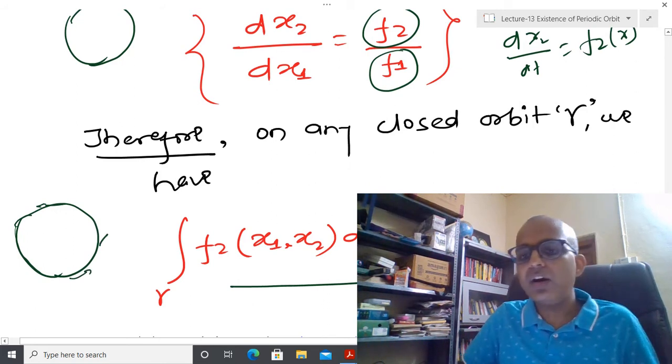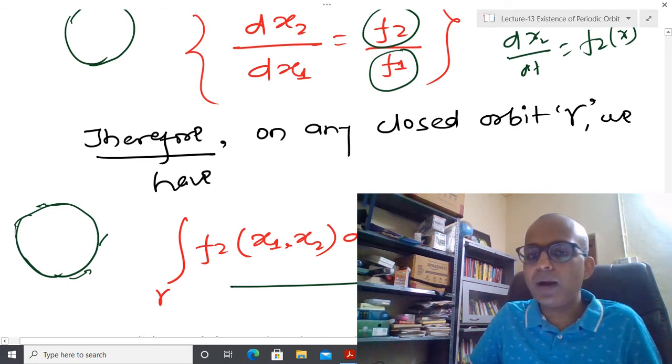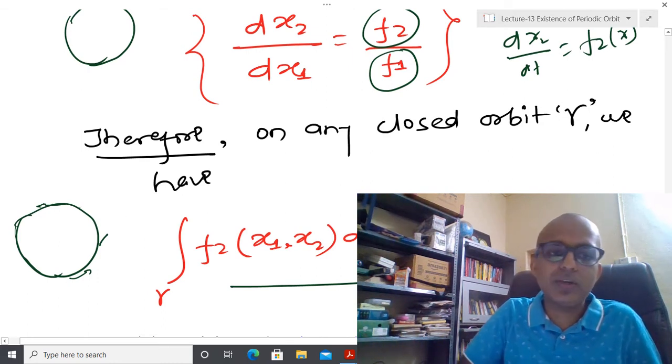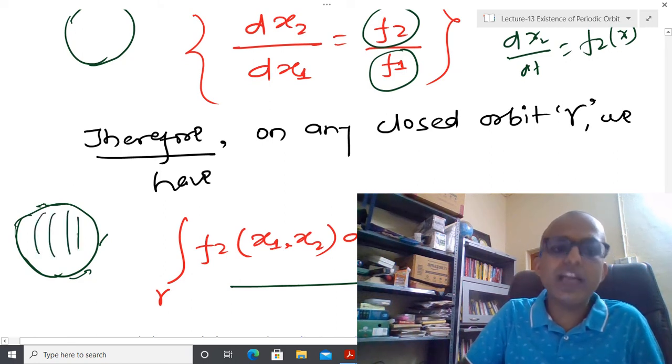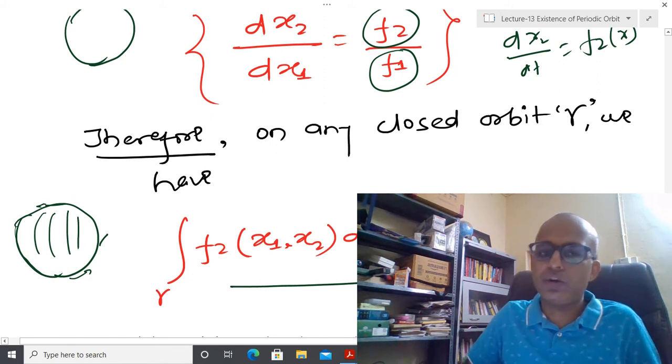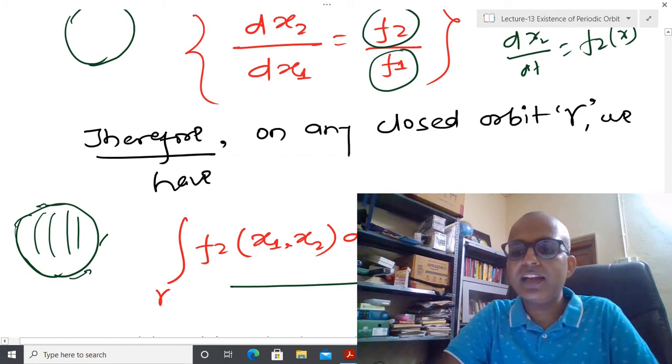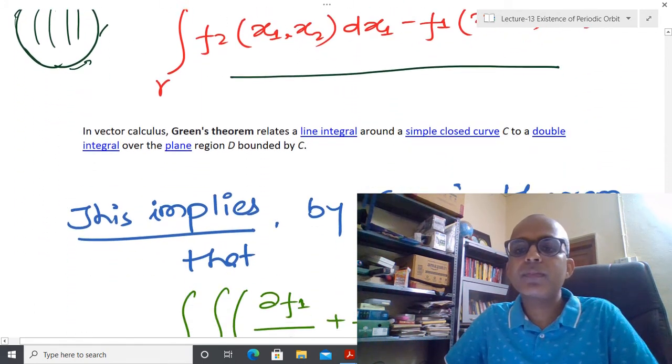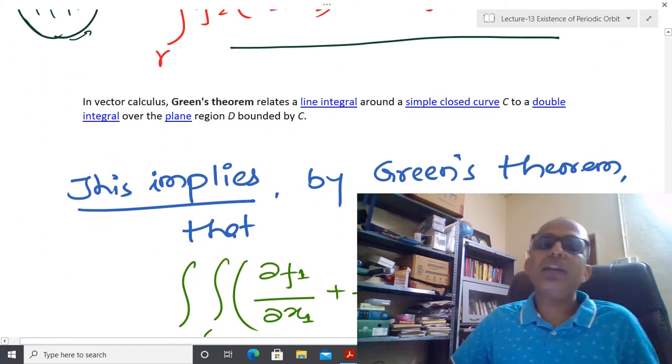Now I am going to change this line integral, because I have to make sure that inside this region there does not exist any closed orbit or periodic orbit. For that I am going to change this line integral into some kind of double integral.